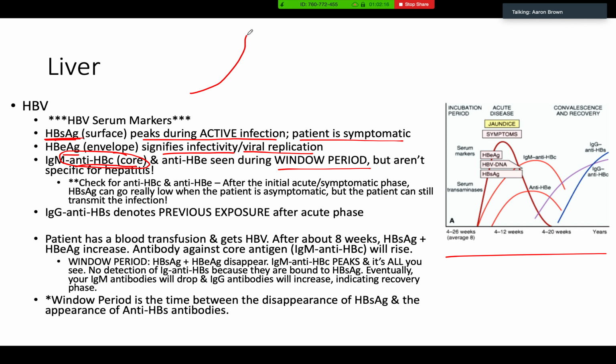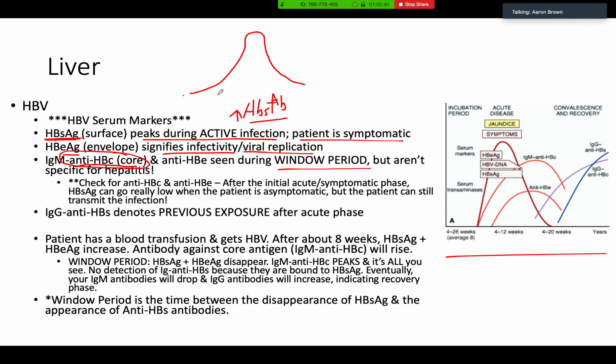And then as your body is mounting a defense, it's building up its HBs antibody, right? It's building up the antibody in the bloodstream. It's trying to attack the virus. So the levels of HBs antibody are starting to rise. As those levels rise, the levels of surface antigen fall, they fall to zero.